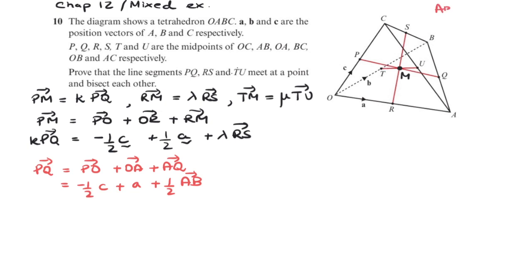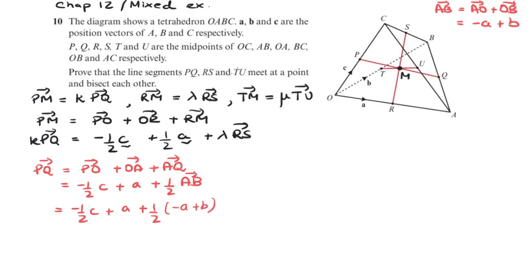AB is simply A to O and O to B, and both of them are given to me. A to O is minus A, and O to B is just B. So I have my AB.